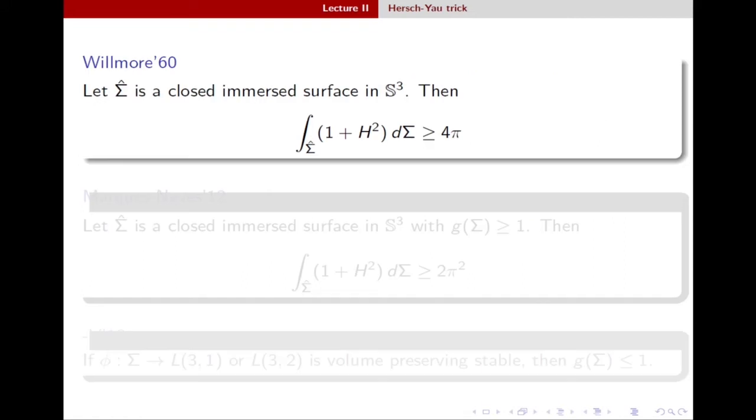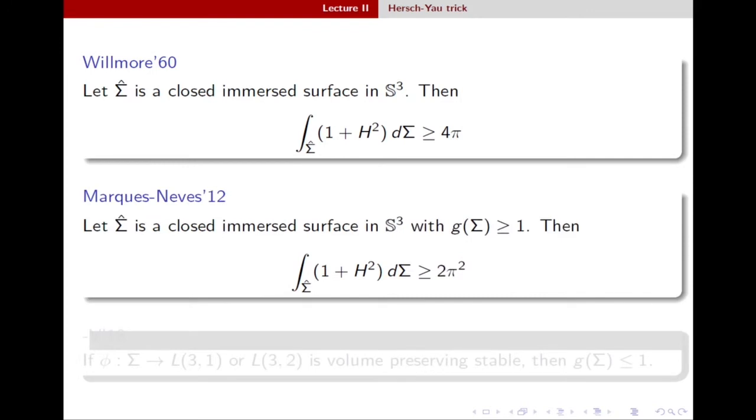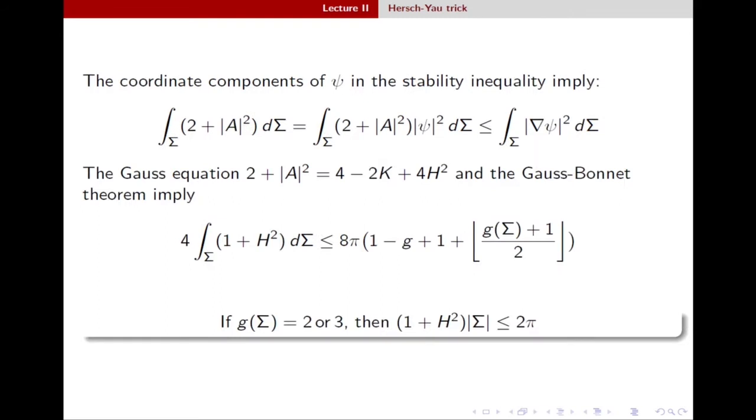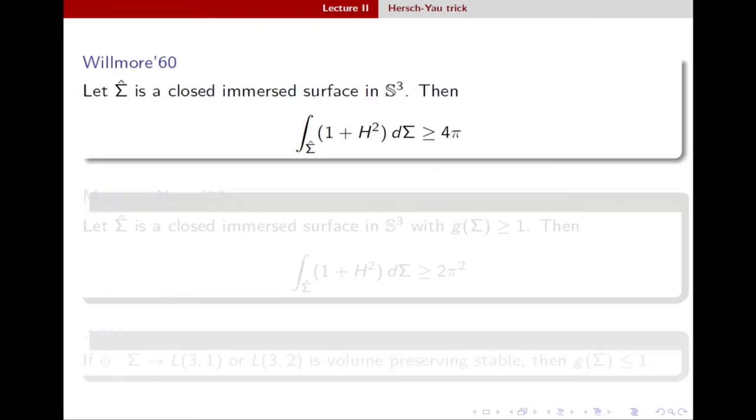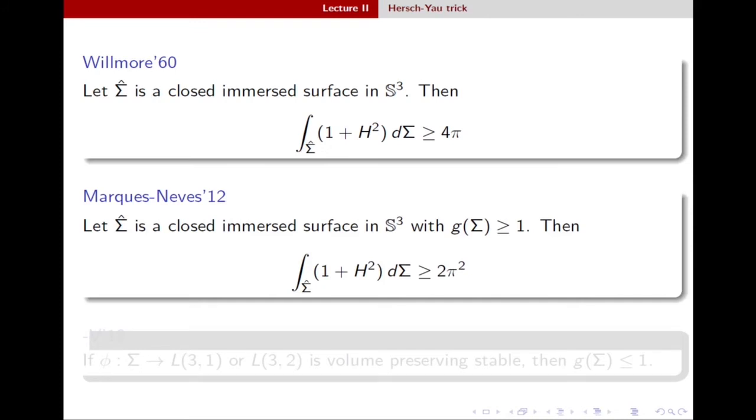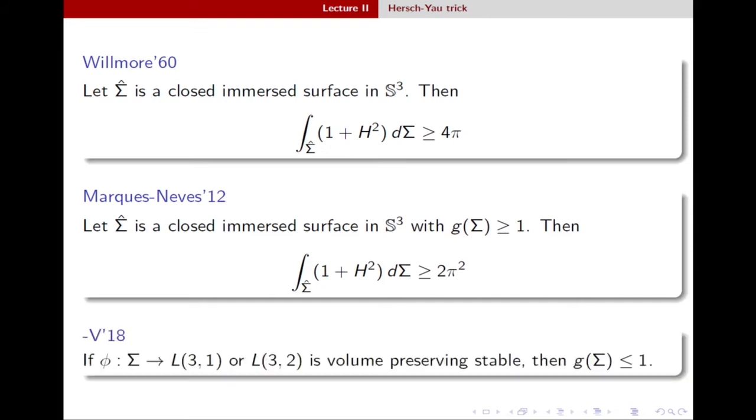Okay, so you can explore this argument a little bit more, and you can use the groundbreaking work of Marques and Neves, which improves the inequality above. When the surface has genus at least 1, then the Willmore energy is at least 2 pi squared, right? And so if you use that better estimate, you can go back to the previous argument and you see that you can extend the analysis to other spherical space forms, more precisely those with a fundamental group of order 3.